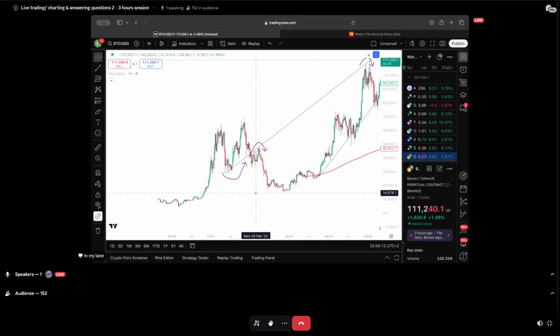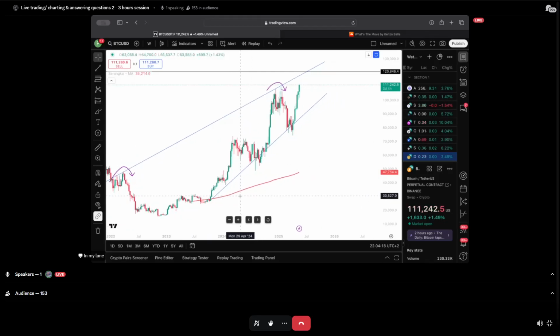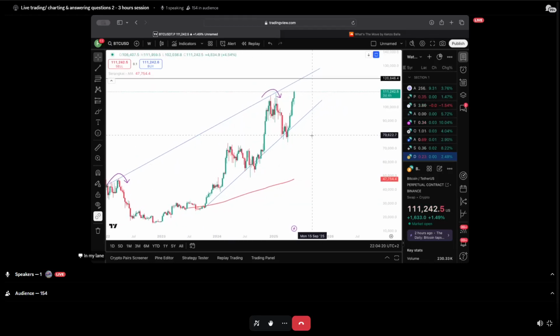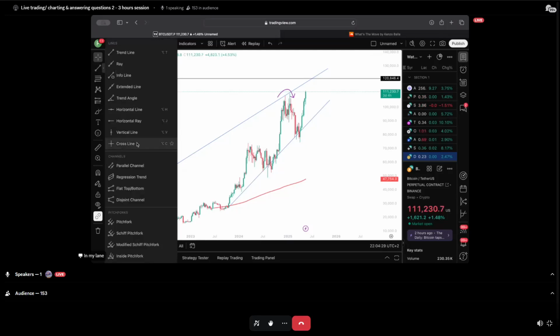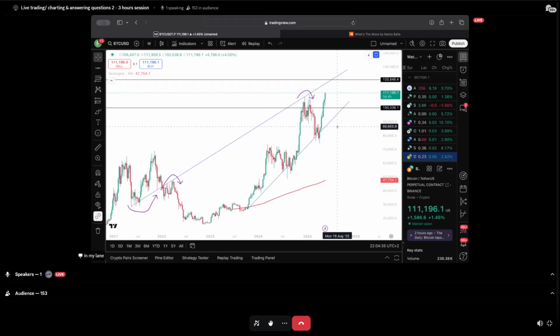Try always to find the pattern or the trend we're in. Just let me check it one more time. Then we have support like over here.